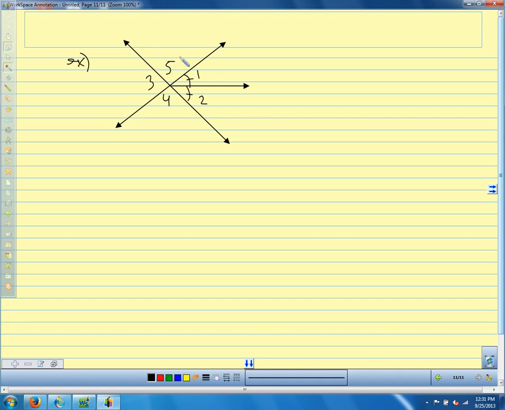All right, so we're looking at this figure, and we want to know what we can figure out from this picture about how the angles are related. So just looking at the way this is drawn, what are some of the things that we can say that we know are true for sure about this figure? Angle 1 and angle 2 are the same, so we can say angle 1 is congruent to angle 2. You know they're the same because they're marked the same. What else could we figure out? What do you think?